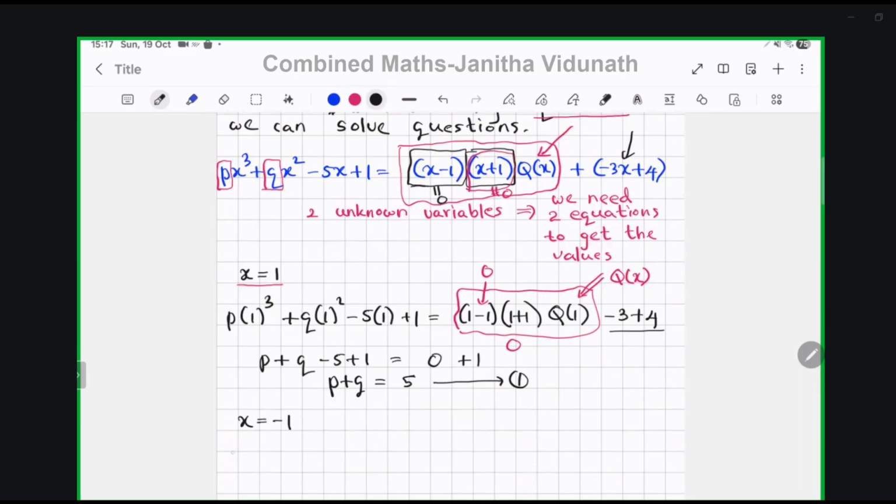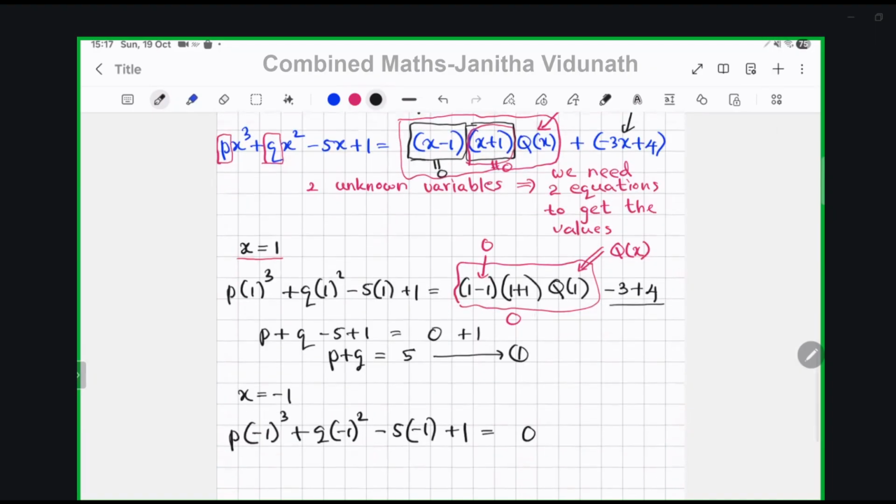Then on the left hand side we get p times minus 1 whole cube plus q times minus 1 square minus 5 times minus 1 plus 1, equal to, here this term vanishes to 0, plus minus 3 times minus 1 plus 4.